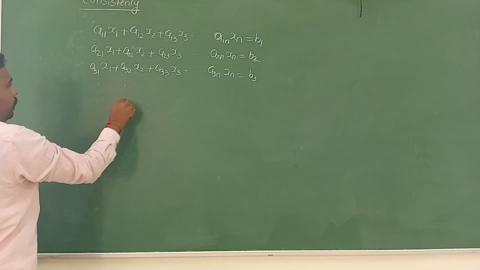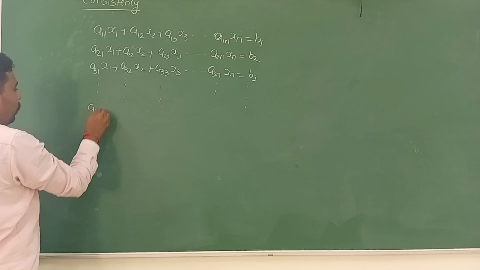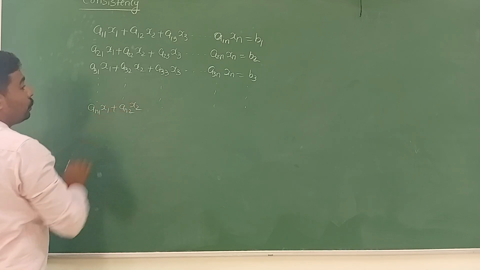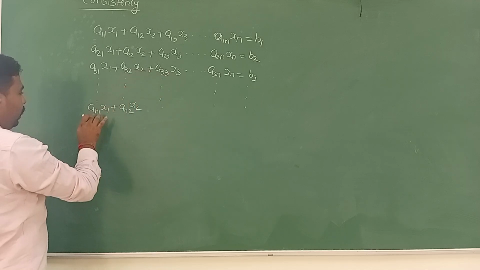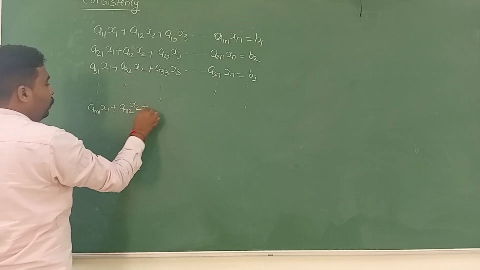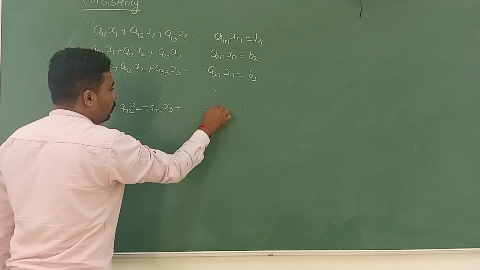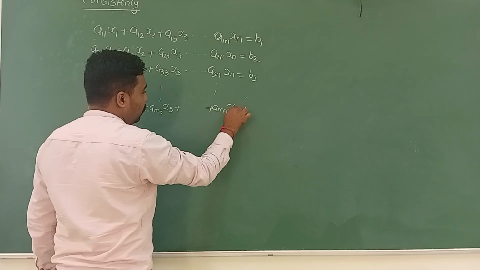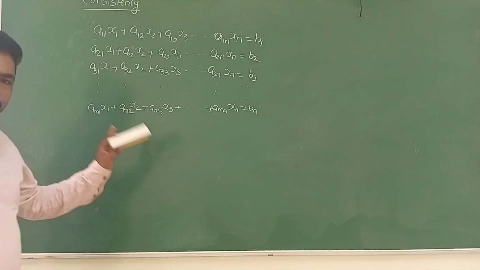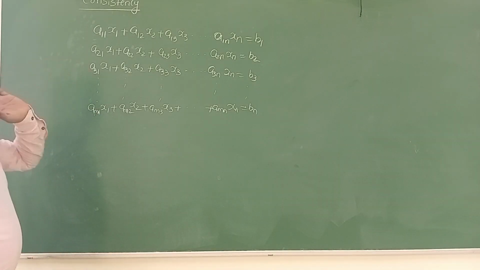If we continue this in this form, it becomes am1 x1, am2 x2, am3 x3, dot, amn xn equal to bm. These are just notations, you can use whatever you like. Now these are a system of equations.